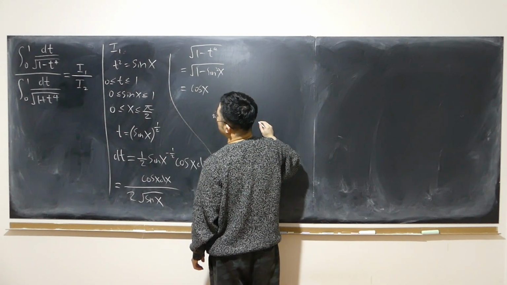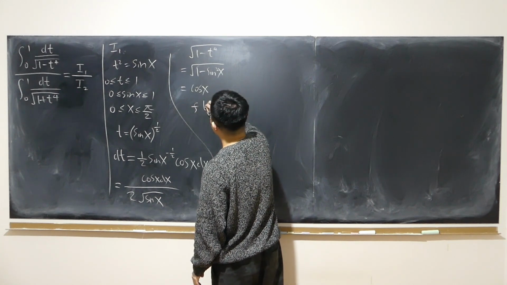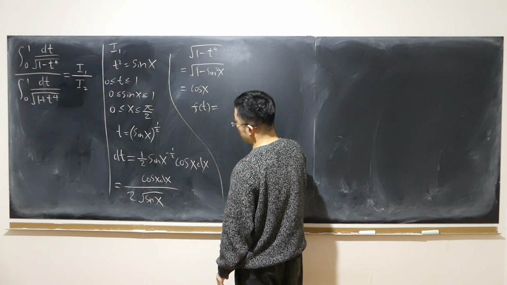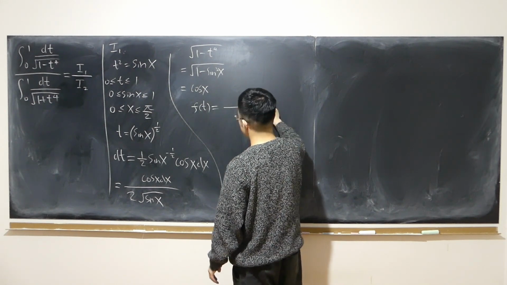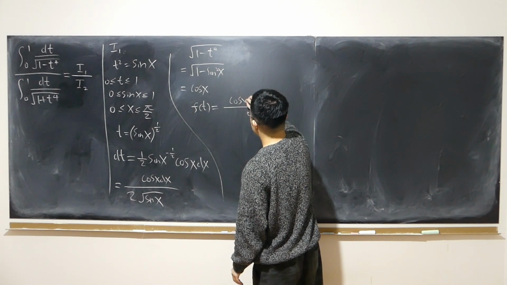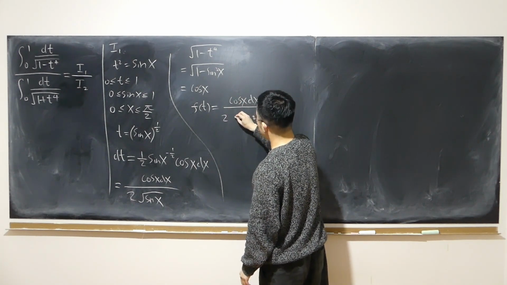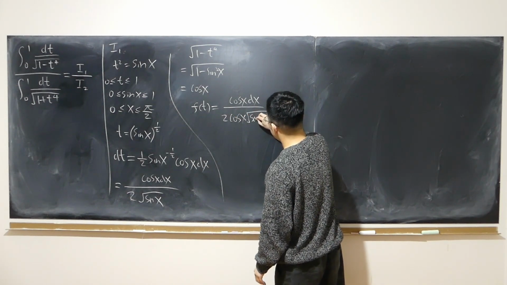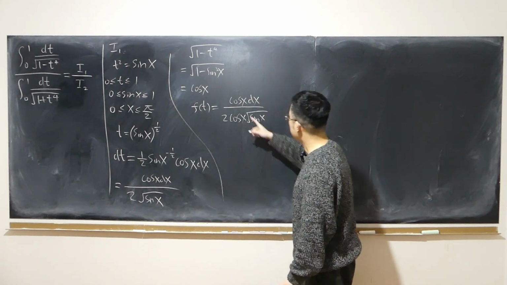So the integrand, f of t, is equal to: first of all I have dt, then I have cosine x at the bottom, and sine x, and the square root of sine x.